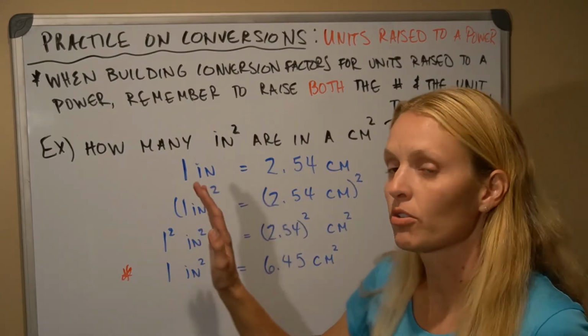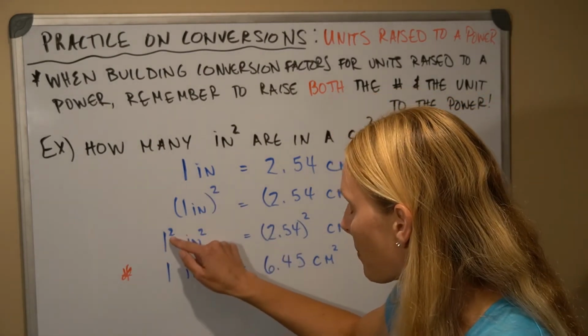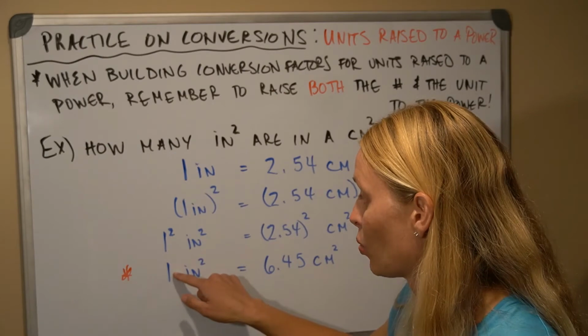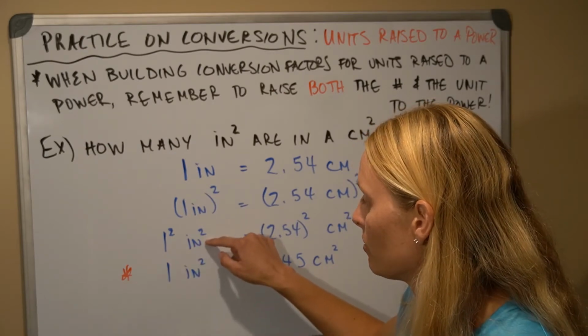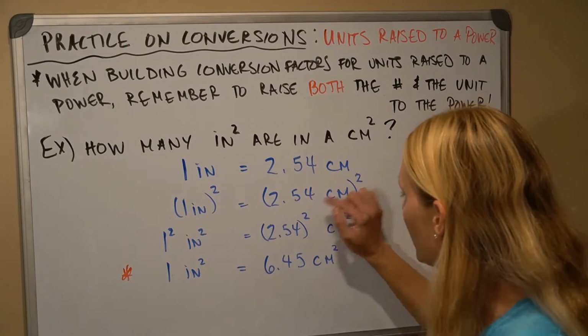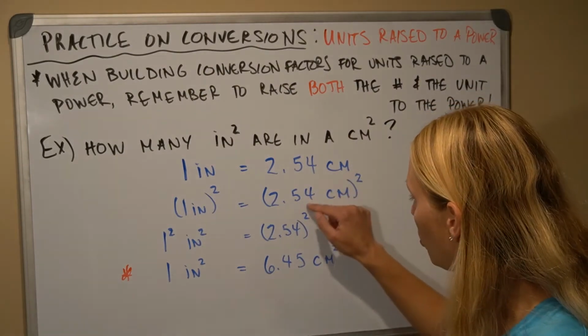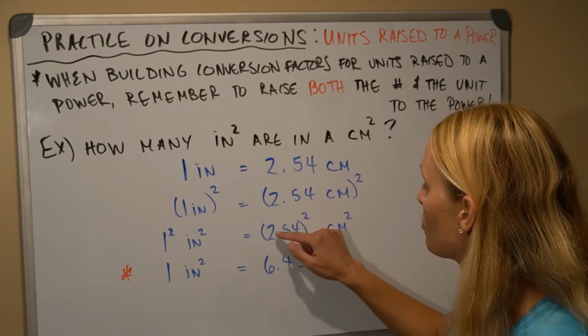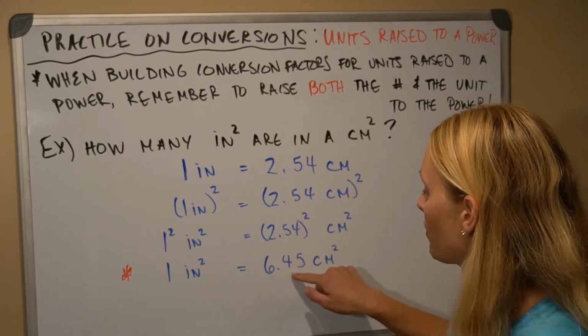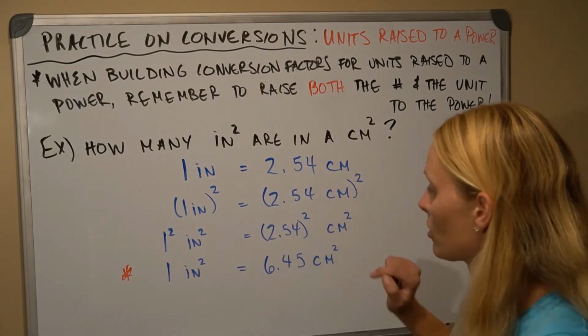Here's where a lot of people forget: you also square the number. So 1 inch squared is just 1, and then the unit squared is the unit squared. But here, it's 2.54 squared. So don't forget to apply the square to the number. 2.54 squared is 6.45, and then centimeters squared is centimeters squared.